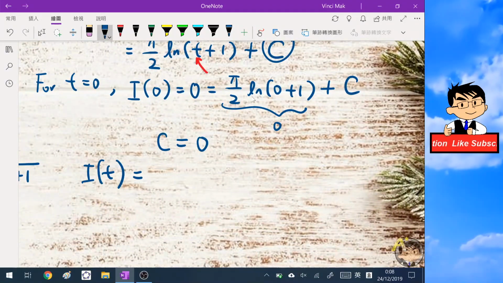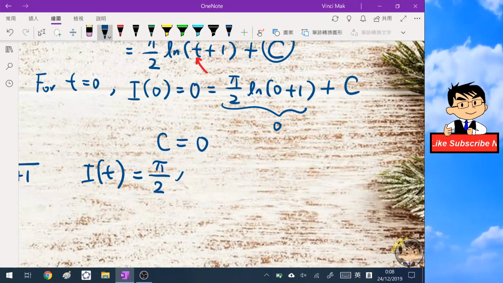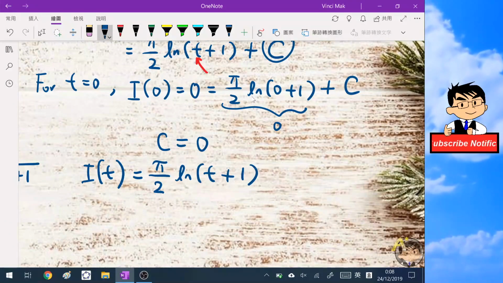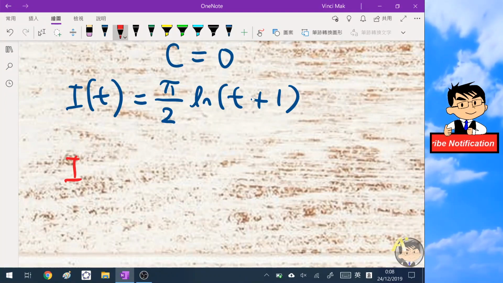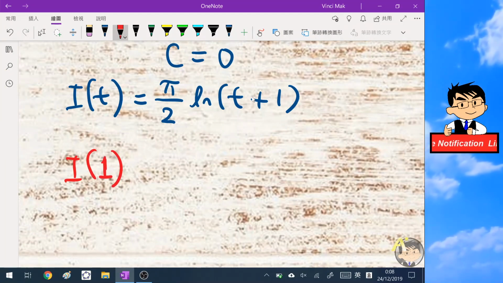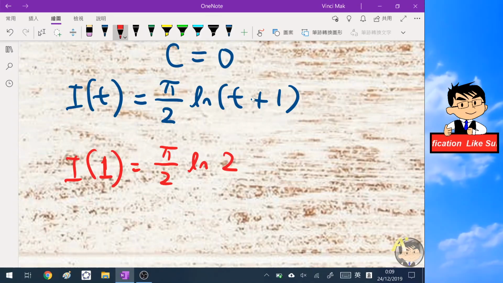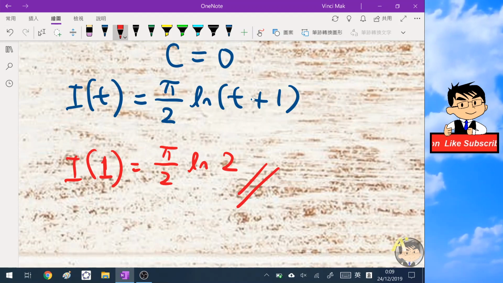The integral is equal to pi over 2 times ln(t plus 1). So this is the general formula, and we simply substitute t equals 1, and then we can get the value of our integral as pi over 2 times ln 2, and we finish our question.